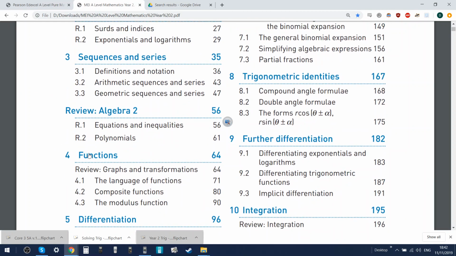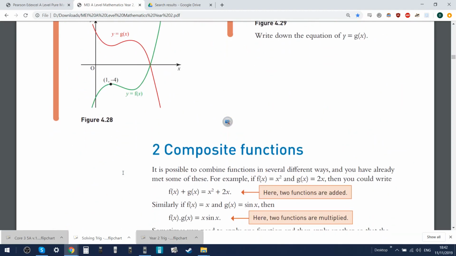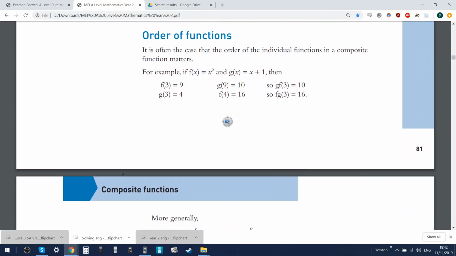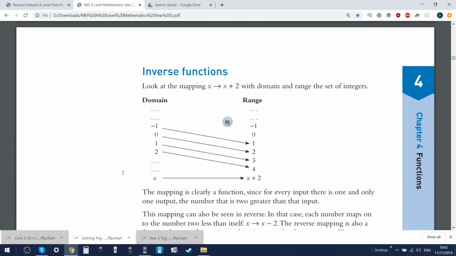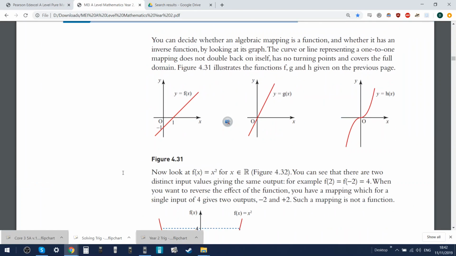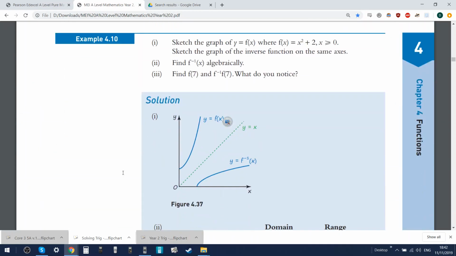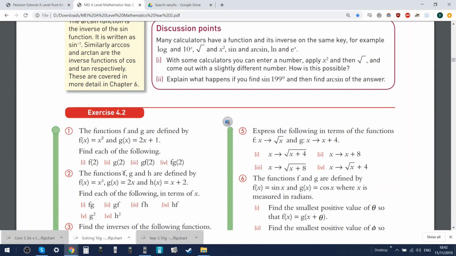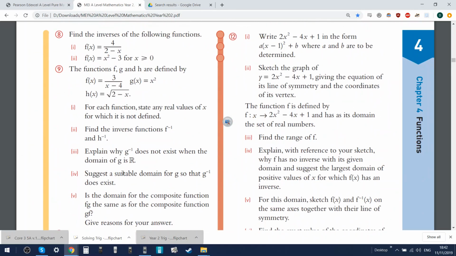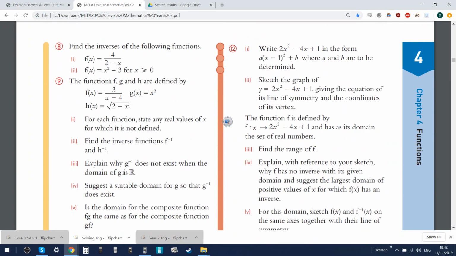Number 4, composite functions. What are composite functions? Something that I haven't done in a long time. Two or more functions, and you put them together.